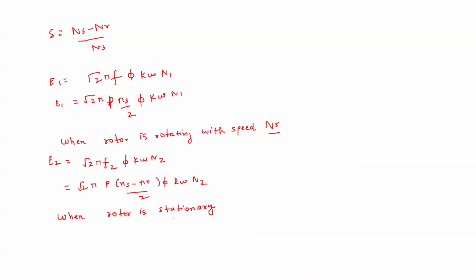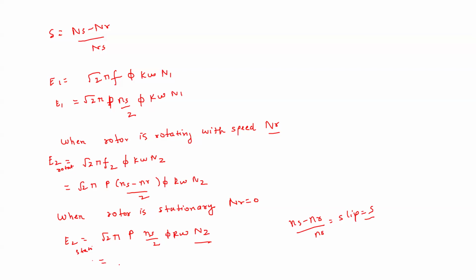When the rotor is stationary, nr is 0, so E2 becomes root 2 pi p ns by 2 pi k omega n2. So this is E2 rotating, E2 stationary, and (ns minus nr) by ns is slip. Slip is equal to s.